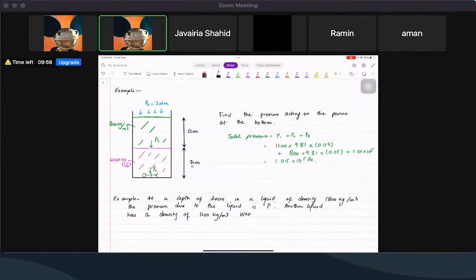So what is the pressure due to this liquid at a depth of 60 centimeter, right?